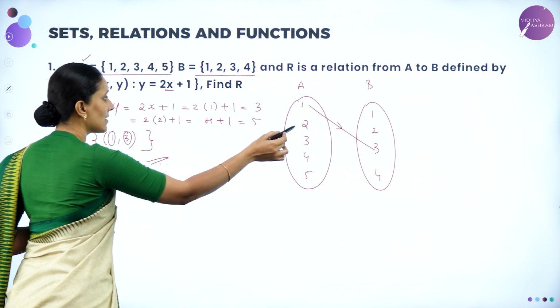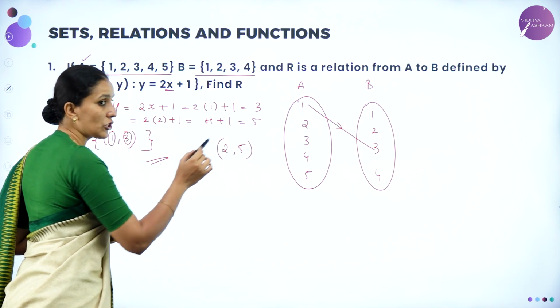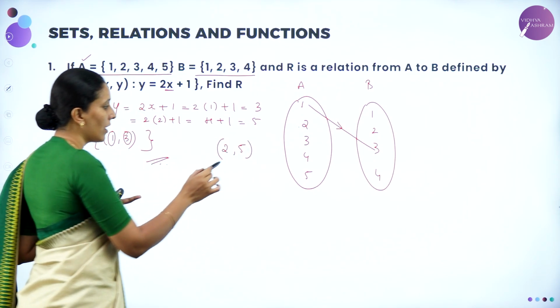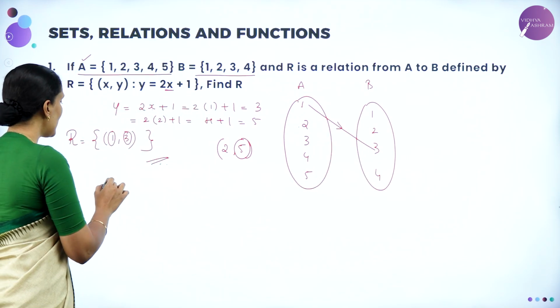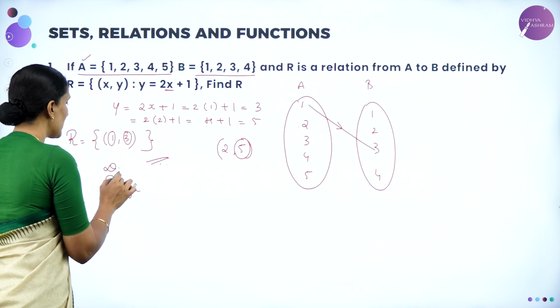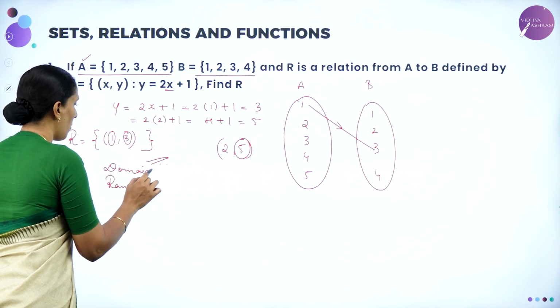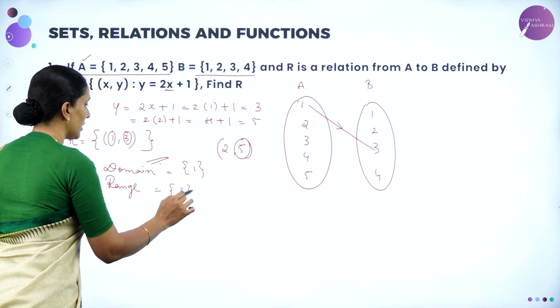But for x is equal to 2, we are getting the ordered pair (2, 5) which cannot be inside the relation because 5 is not in the second set. Now what is the range of this and domain of this relation? So domain will be equal to {1} and range is equal to {3}.